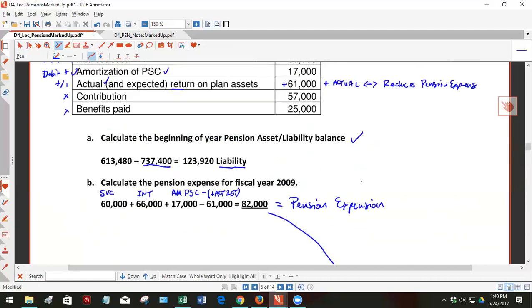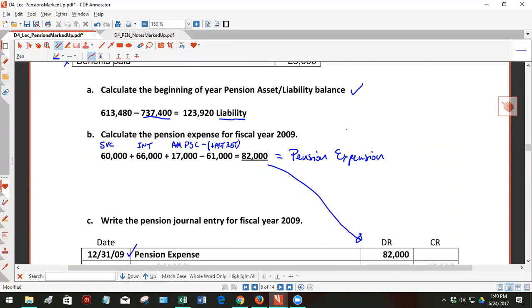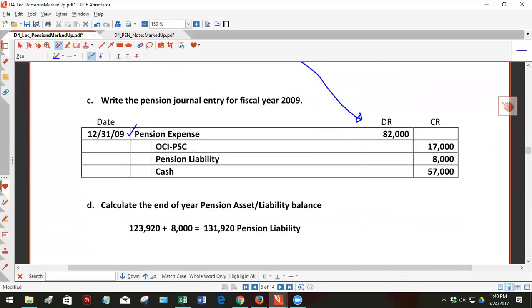Where does the cash come from? Contributions. These are also known as funding payments, $57,000. These will always be credits because the company is sending cash to the pension plan.